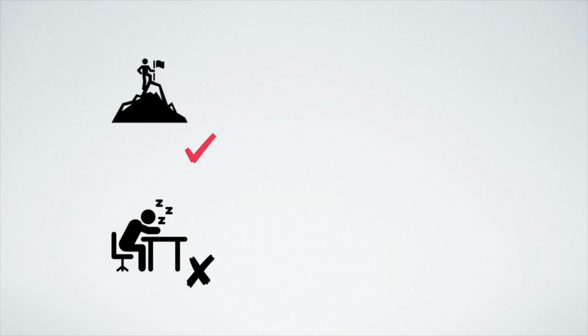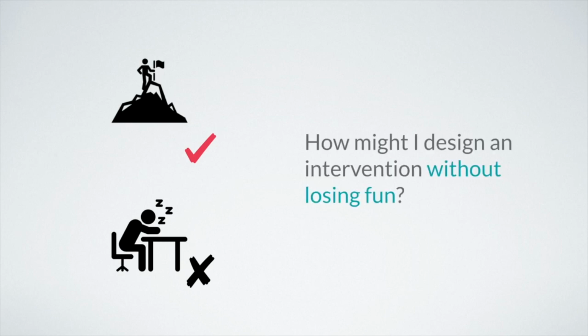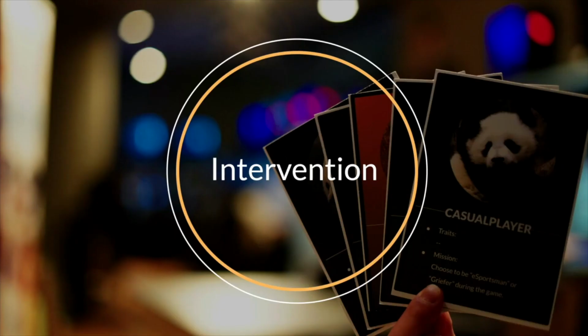Second, gamers like to accept challenges, while they lose interest in your intervention as soon as they find it boring. So I need to intervene in a way that gamers can accept. So how might I design intervention without losing fun? After several prototypes, I finally got a comfortable form of my intervention.